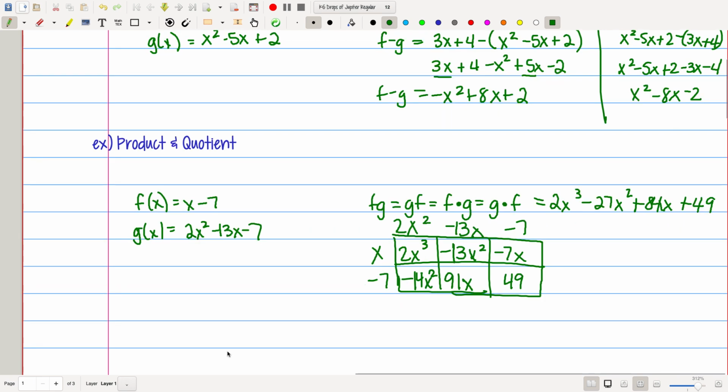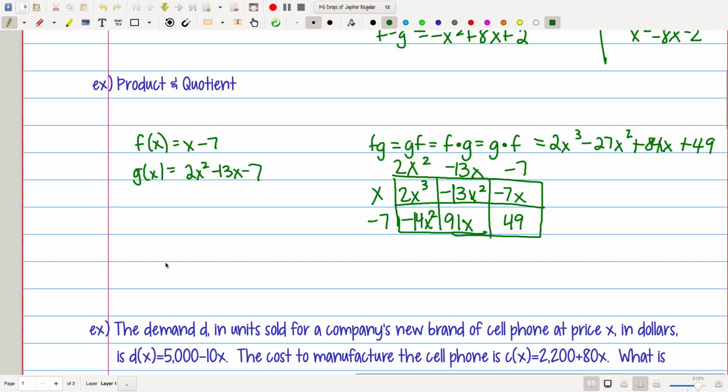Now, on the division, order is a little bit different. Okay, order matters on the dividing. So if it gives you f over g, then f is going to go on top, g goes on bottom, and you've done these before. So from here, I would go factor. So the top's going to stay x minus 7.